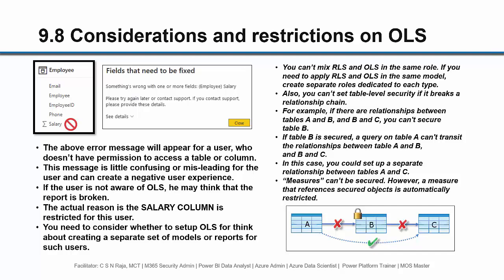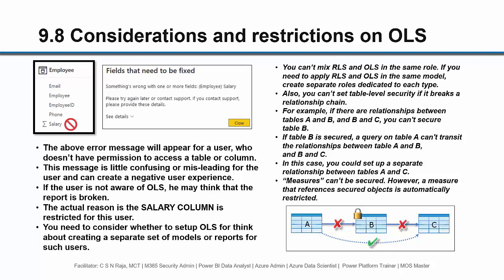You need to consider whether to set up OLS or think about creating a separate set of models or reports for such users. A few limitations on OLS are: you cannot mix RLS and OLS in the same role. If you need to apply RLS and OLS in the same model, create separate roles dedicated to each type.